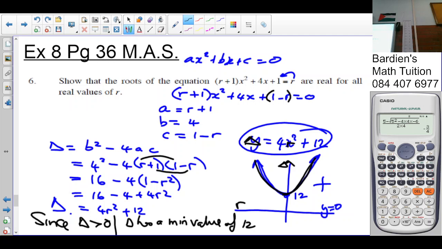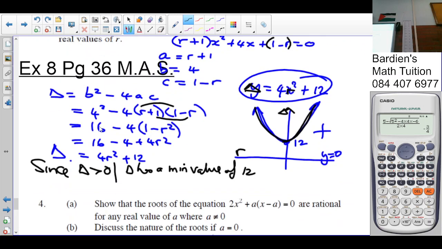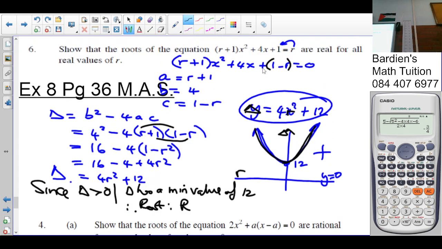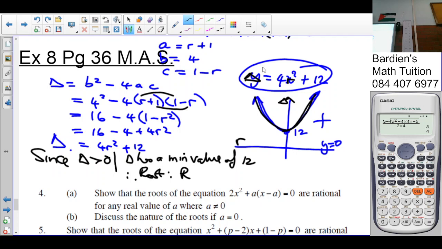Okay, since delta has a minimum value of 12, therefore roots are real. I just asked you for real. Roots are real for all real values of p. That's one way of answering.